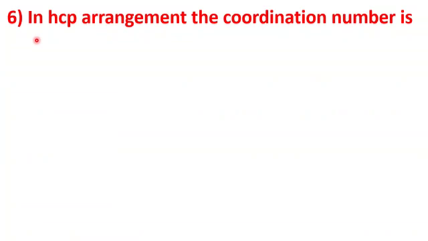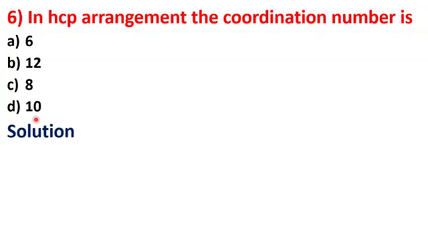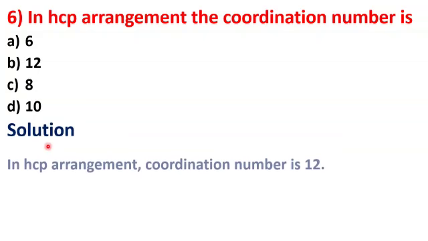Question number 6. In HCP arrangement, the coordination number is: option A, 6; option B, 12; option C, 8; and option D, 10. Solution.